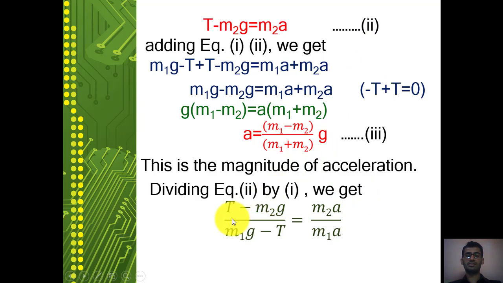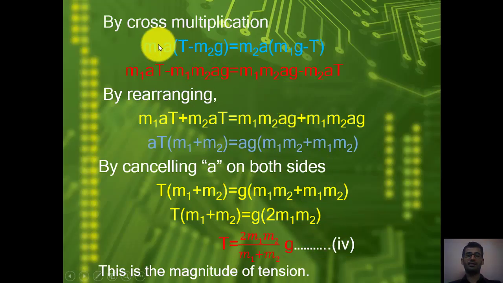We get T minus m2g divided by m1g minus T is equal to m2a over m1a, which gives us by cross multiplication m1a multiplied by T minus m2g is equal to m2a multiplied by m1g minus T. Multiplying these terms gives us m1aT minus m1m2ag is equal to m1m2ag minus m2aT.